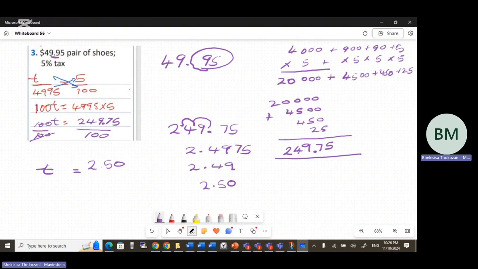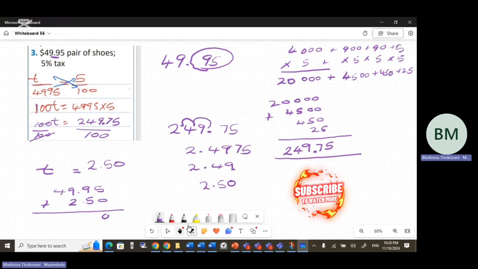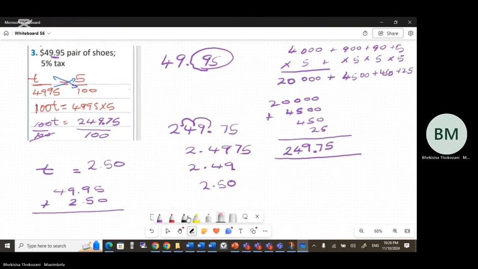And what do you do now? You're going to add. So now you're going to take 49.95 plus 2.50. Then we're going to see how much we get altogether. This is 0. Sorry, this is 5. 0 plus 5, and this is 14.